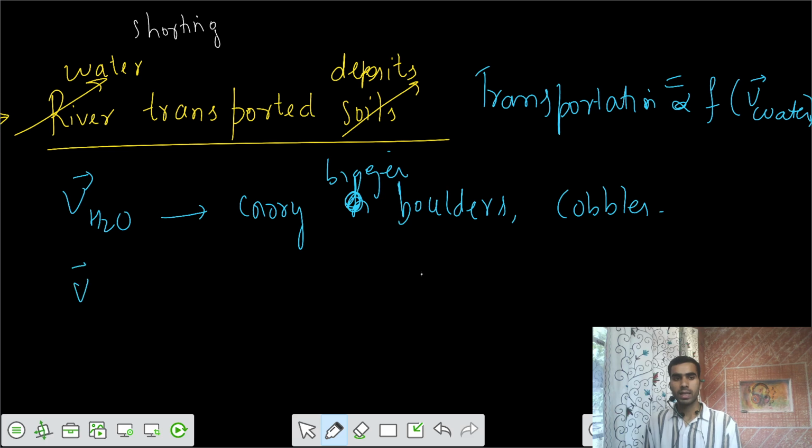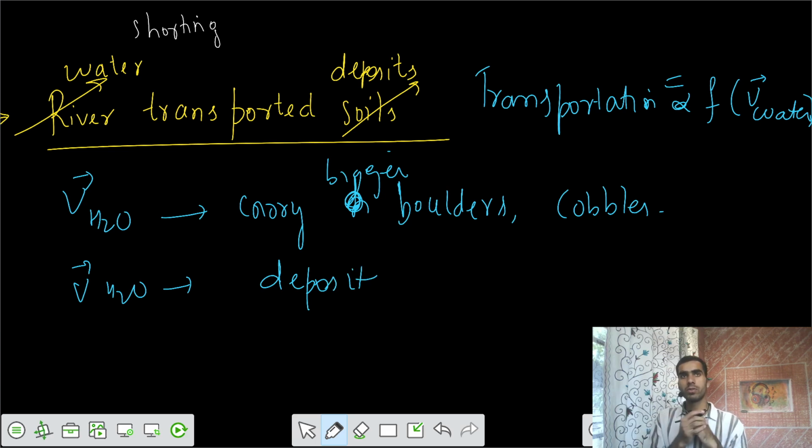But if the velocity is less, it's going to deposit those. If the velocity of the water is more, it's going to carry those boulders along with it. If you've seen some floods, water can carry bigger particles if the velocity is more. But if the velocity is less, it's going to deposit those bigger particles somewhere. So there is deposition of those boulders at a particular location because the velocity is lesser.